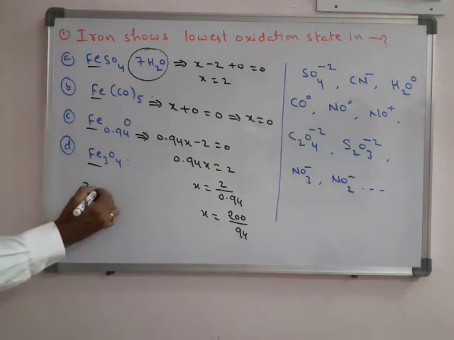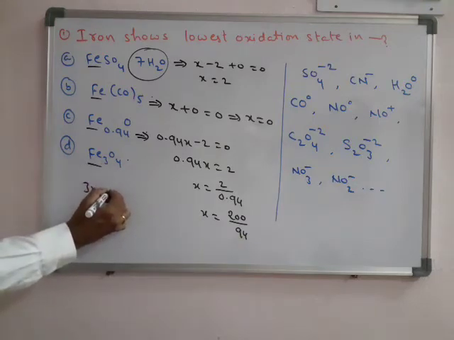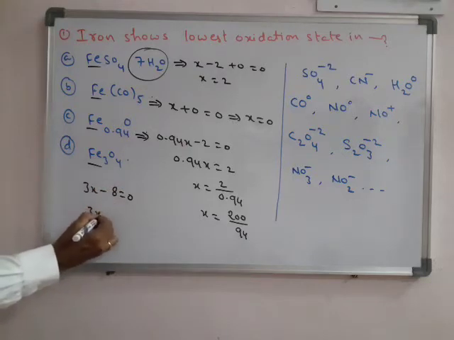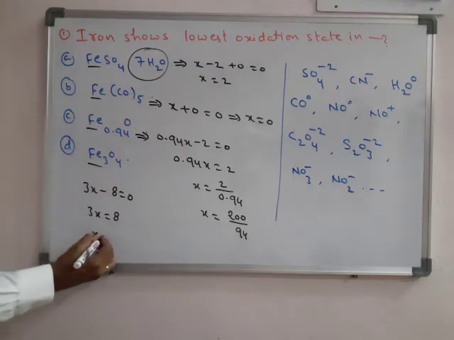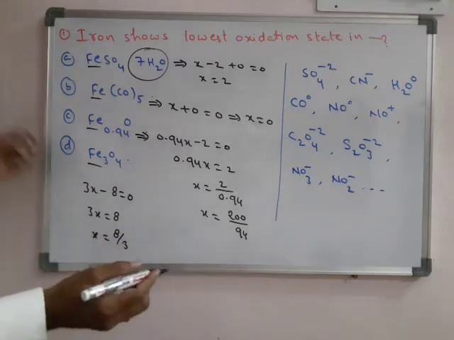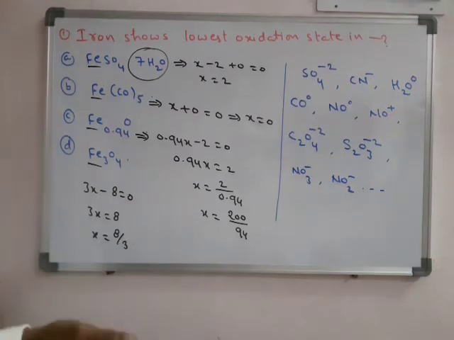Here that is 3x equals -8, so x equals 8 by 3. So in which compound is the iron oxidation number 0, sorry, the least one.